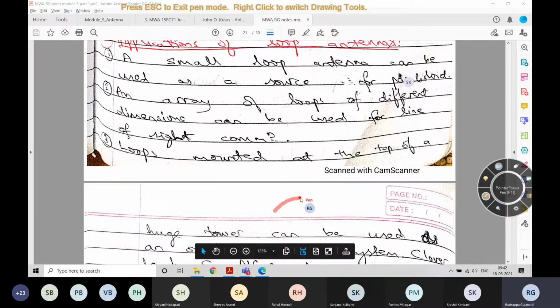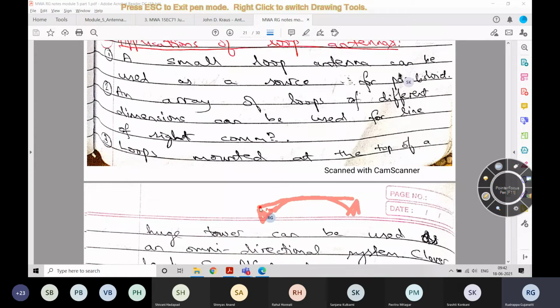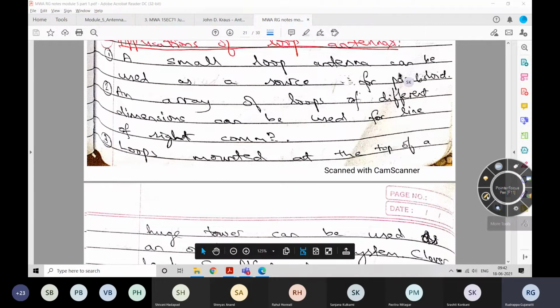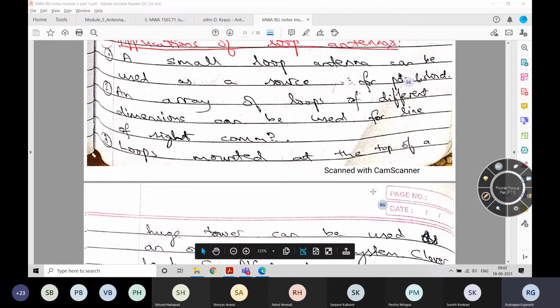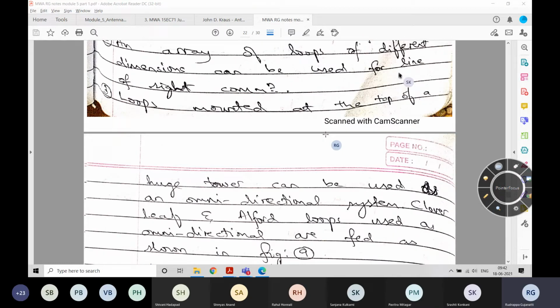In many cases the earth surface is curved, so one antenna might be here and one antenna might be here, and these cannot have line of sight because of the curvature. Because of which we go for ionospheric propagation. That is, we make use of the ionosphere, the layers of the atmosphere, in order to transmit the wave from one end to the other end. In this way, we try to increase the distance of line of sight.